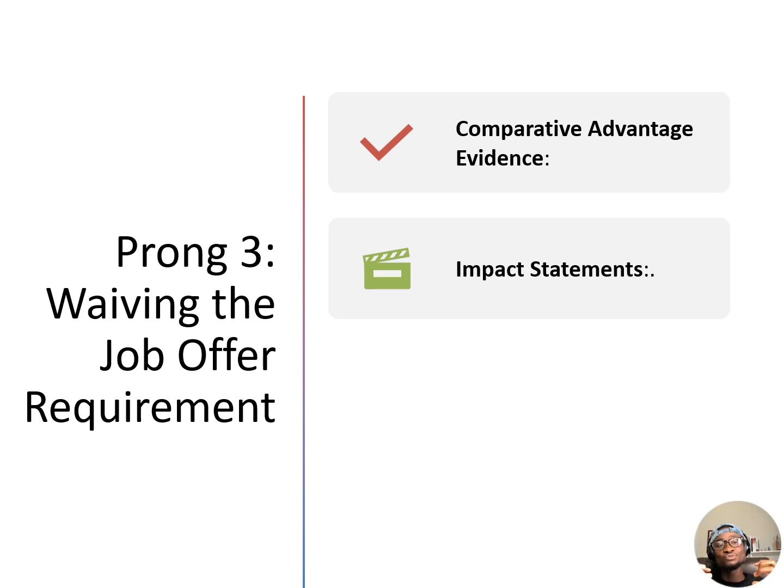I know this would need a lot of research, a lot of thinking, and a lot of information seeking in order to put these documentations together. But again, if you have an impact statement, it is one of the key evidence to tell USCIS to waive off the job offer requirement for you.